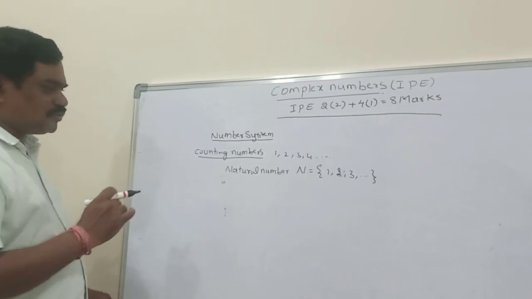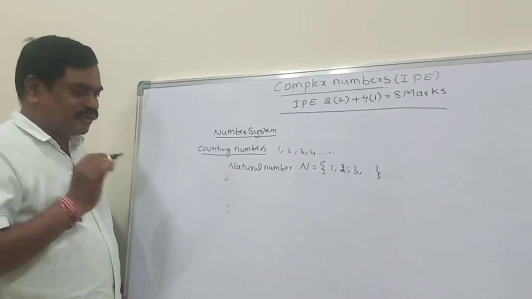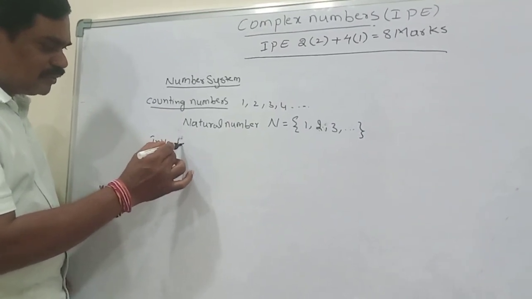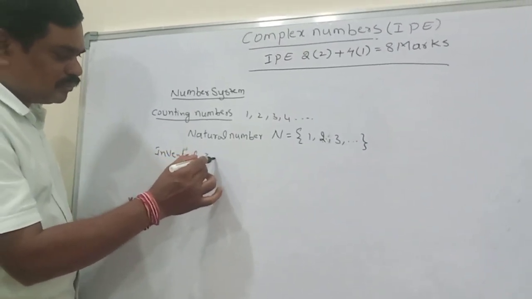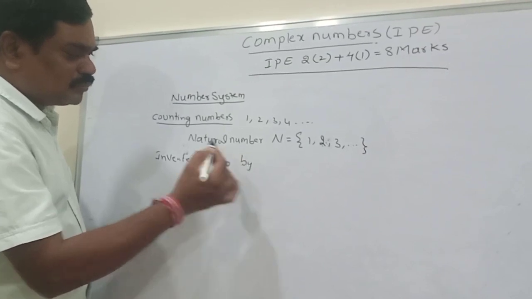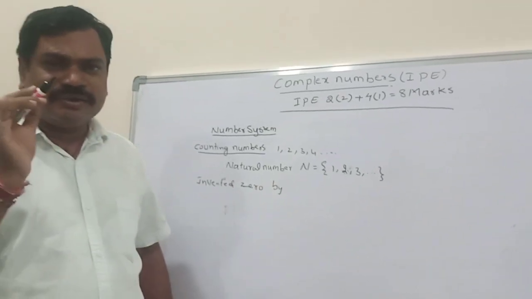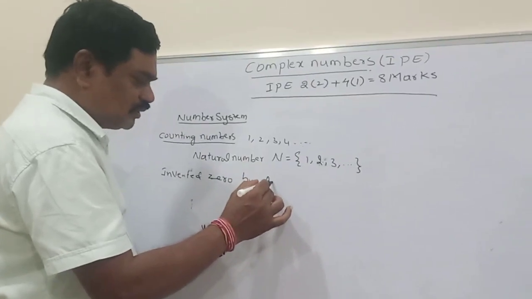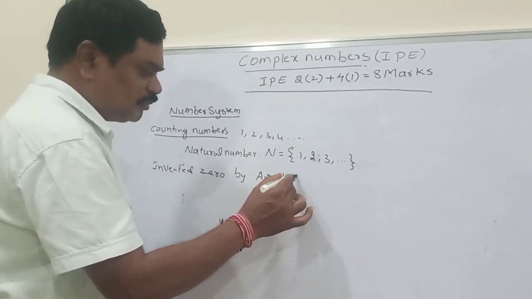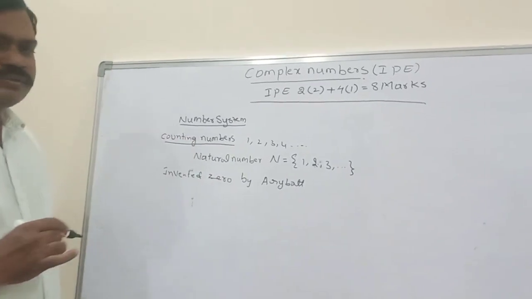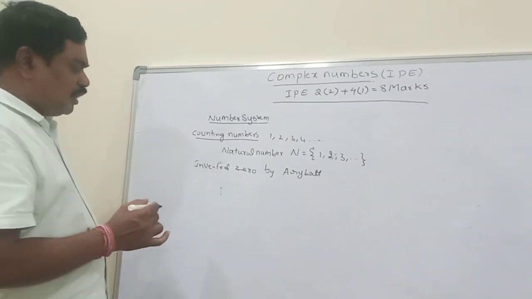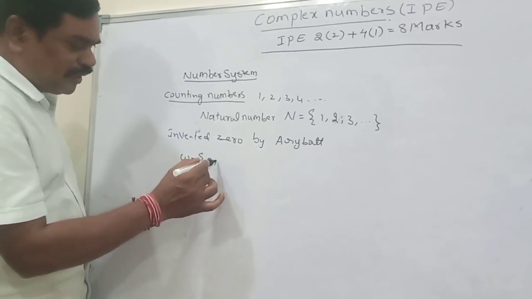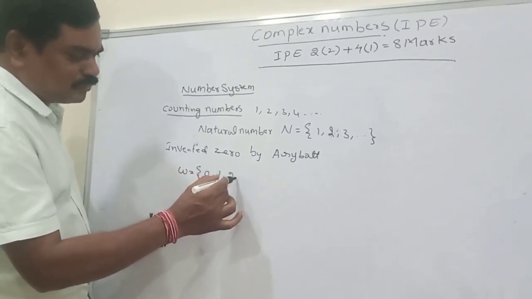After natural numbers, zero was invented by the famous Indian mathematician Aryabhat. Then whole numbers are zero and the natural numbers.